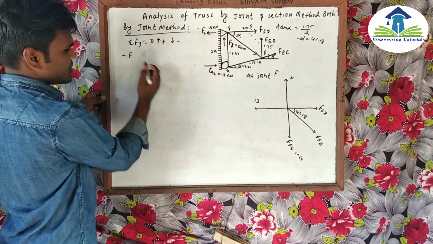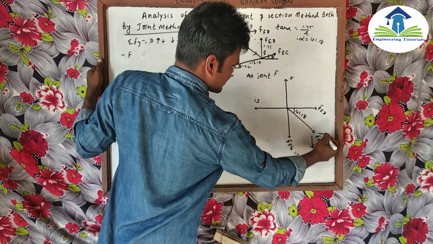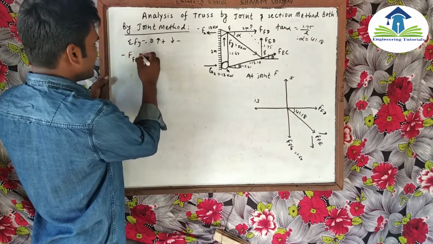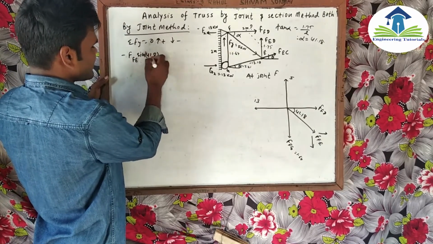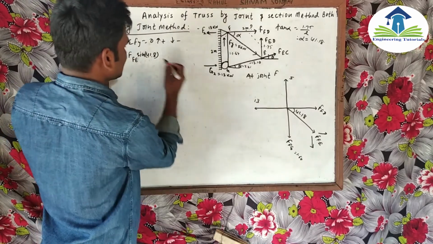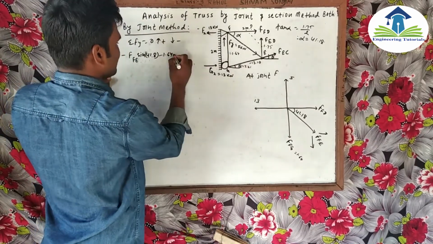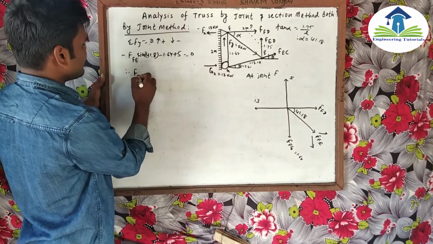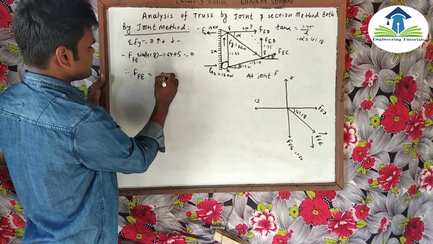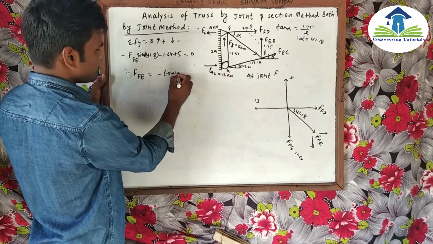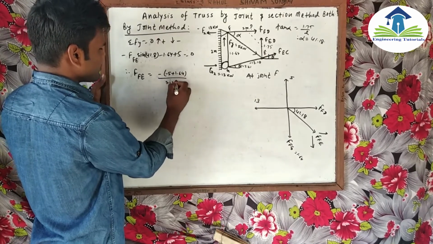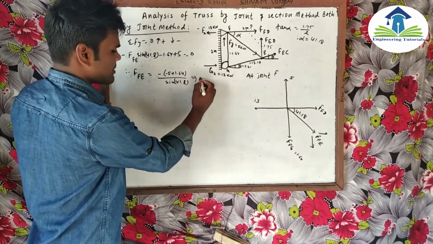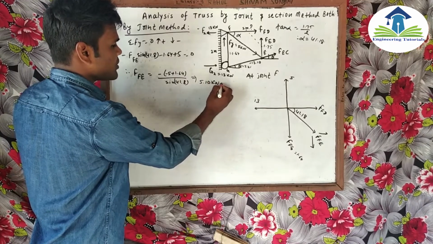There is a resolution of these forces, so FFE sin 41.18 degrees, and this 1.64 force, and the 5 is upward, so it is positive. Then we can calculate FFE as minus 5 plus 1.64 divided by sin 41.18. I hope you are understanding very well. So the value of FFE is 5.10 kilonewton.